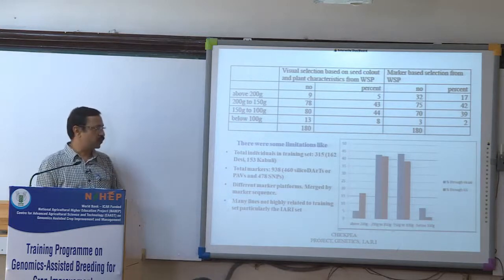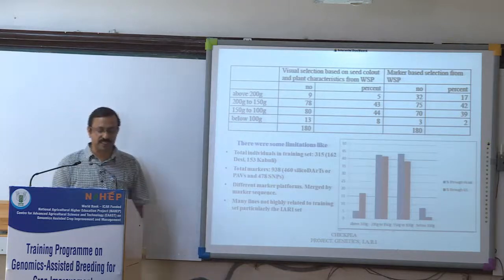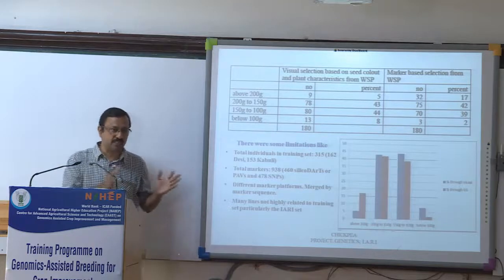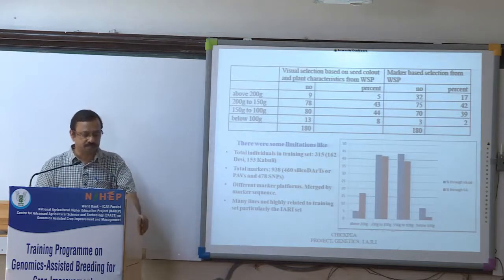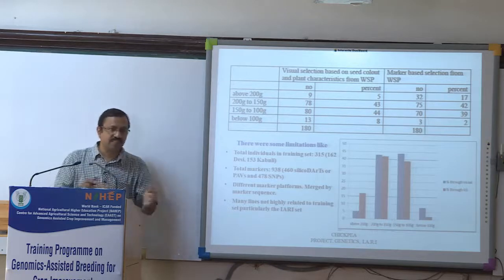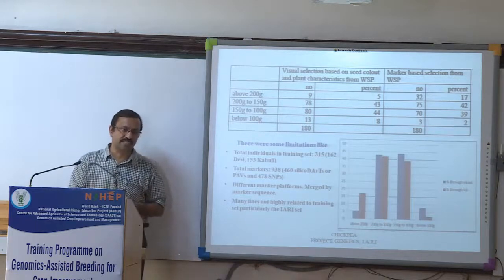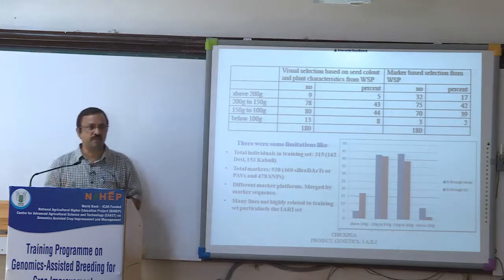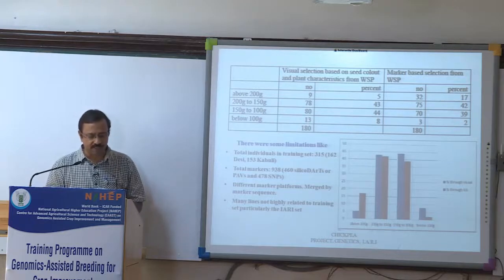And of course, we are trying to improve our prediction accuracy because we thought we will now use the Kabuli separate and the Desi separate. We have used different platforms for sequences. We have used DArT-seq, GBS and all. Now we are thinking that we will use the Affymetrix chips.